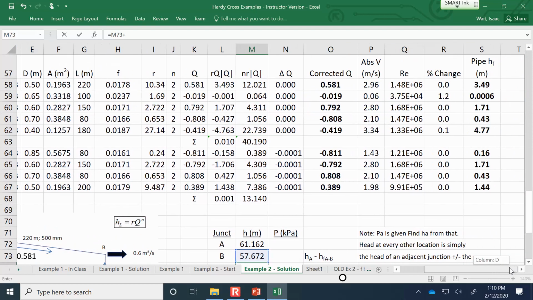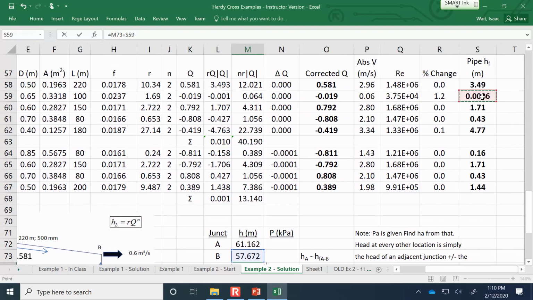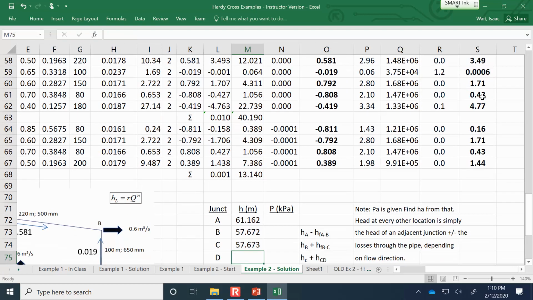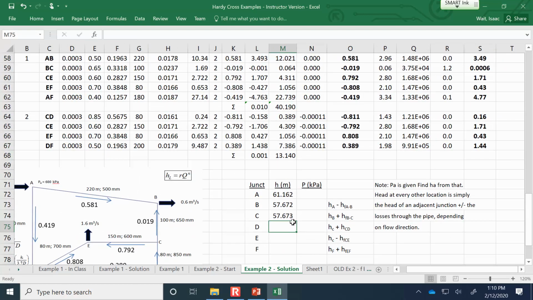So here is the head loss through BC. It's pretty minuscule. Okay, so that gives me now the head at junction C.